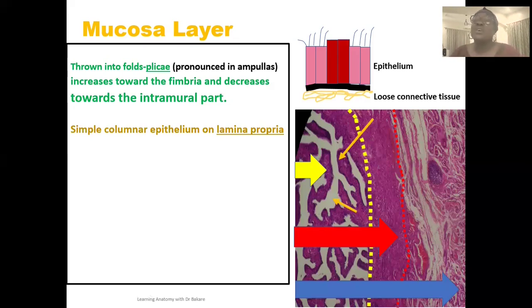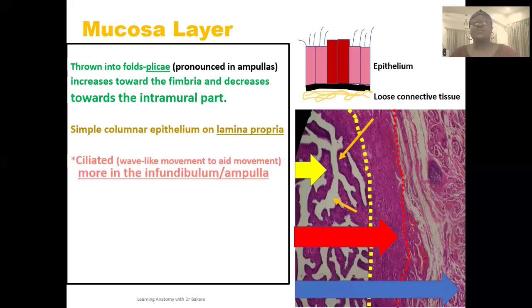Going further on the epithelium lining, the epithelium is of three types within the mucosal layer of the uterine tube. So we have the ciliated simple columnar epithelium. Just as the name implies, they have cilia on their free surfaces. Remember that this is the configuration of a simple columnar epithelium.